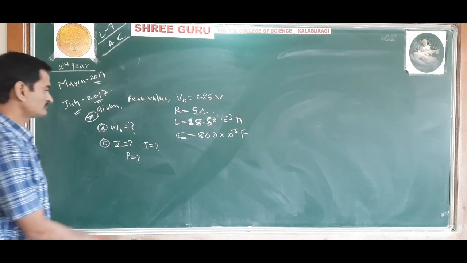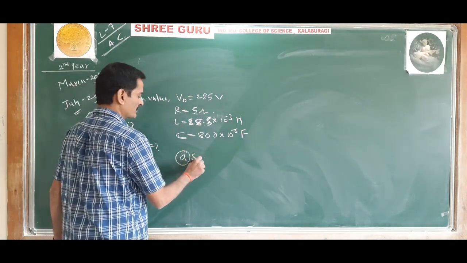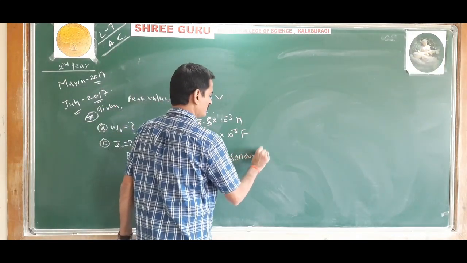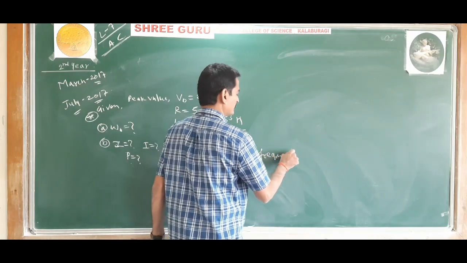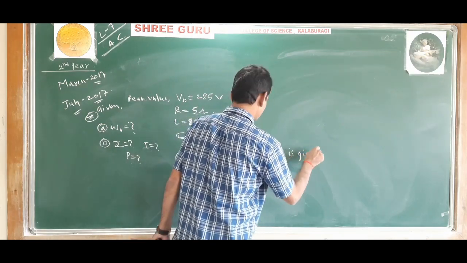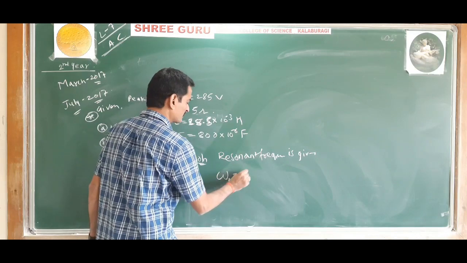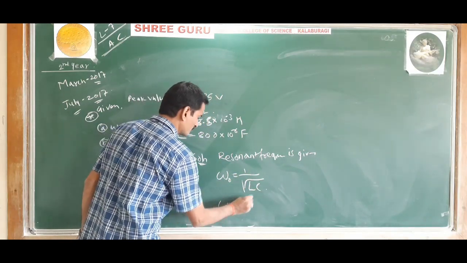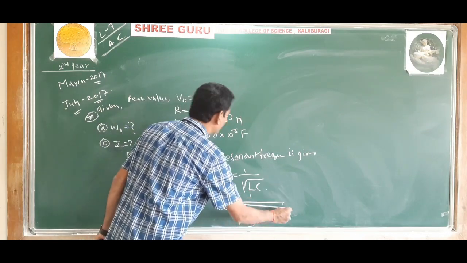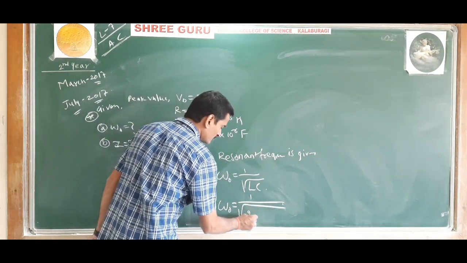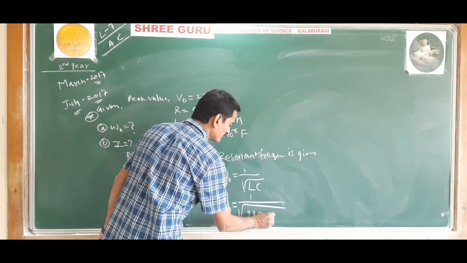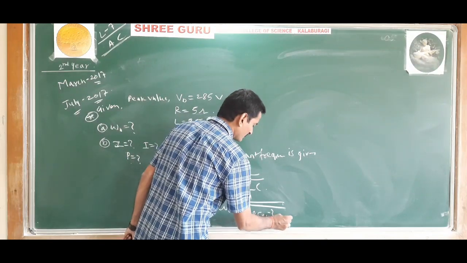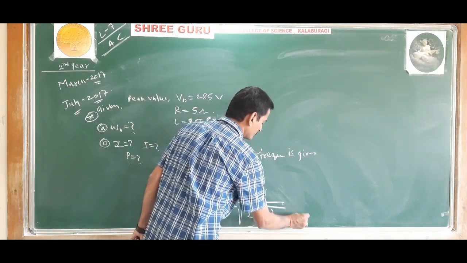So first, A, solution. Resonant frequency is given by omega naught is equal to 1 divided by root LC. So omega naught is equal to 1 divided by root of L, which is 28.5 into 10 to the power minus 3, and C is 800 into 10 to the power minus 6.